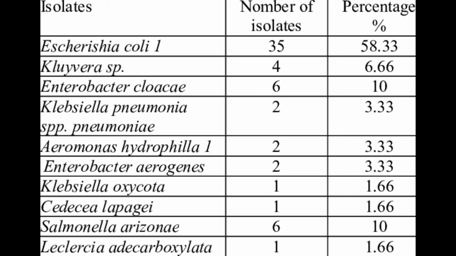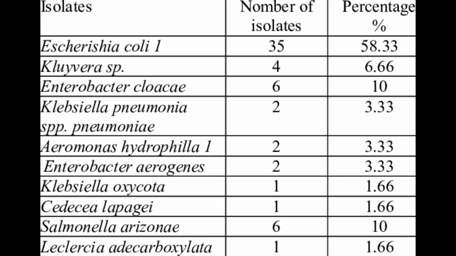Now we're going to talk about the motility test, in which bacteria are grown in semi-solid medium in butt tubes. The medium is SIM, or sulfide indole motility. It is stabbed to a few millimeters from the bottom.